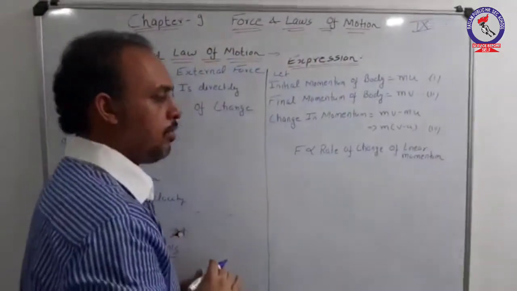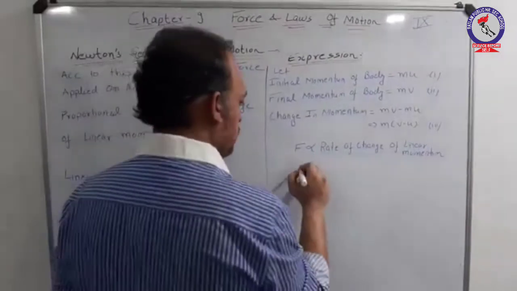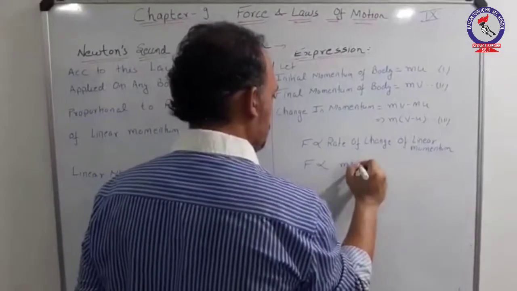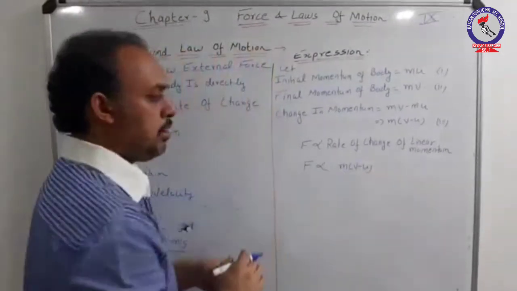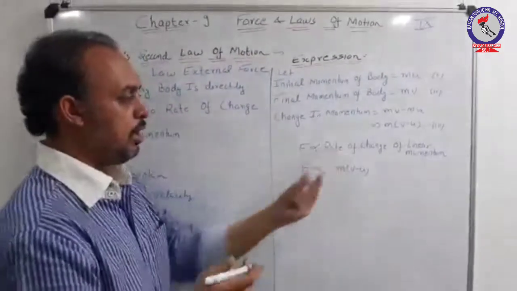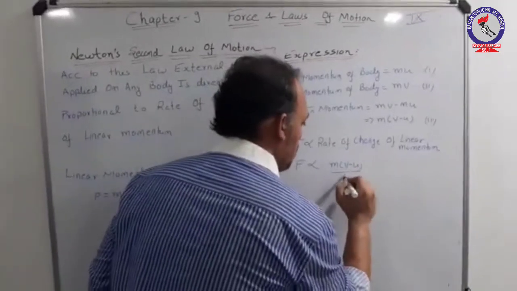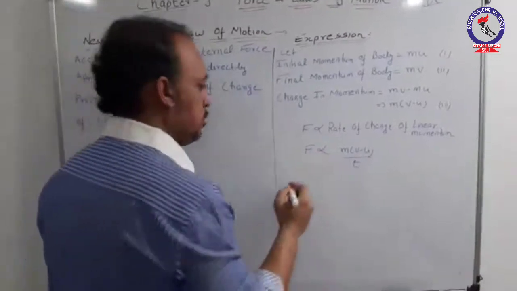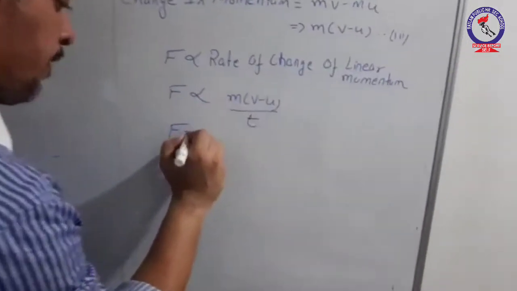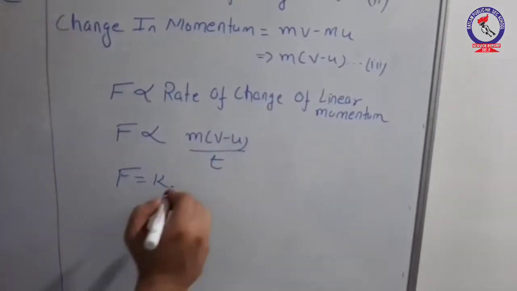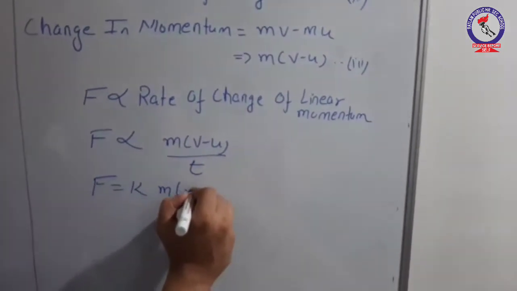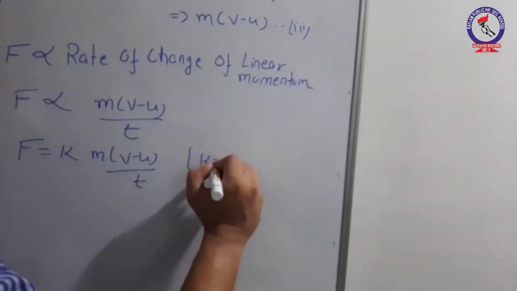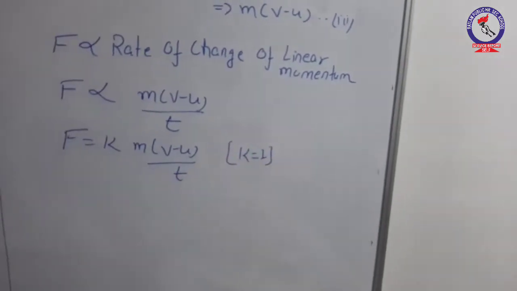We will convert this statement into an expression: force is proportional to the change in momentum. We have to do rate of change, and rate of change means with respect to time, so we will divide it by t. Converting the proportionality into equality, we will have a constant k here: k times m(v minus u) upon t. Let us suppose that the value of k is 1.